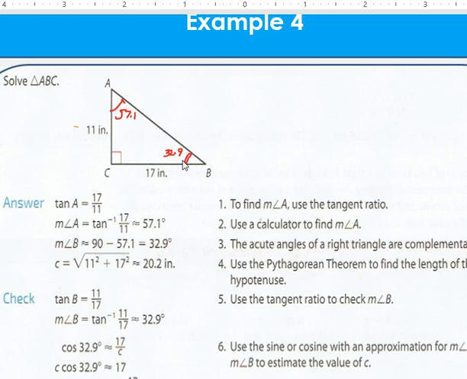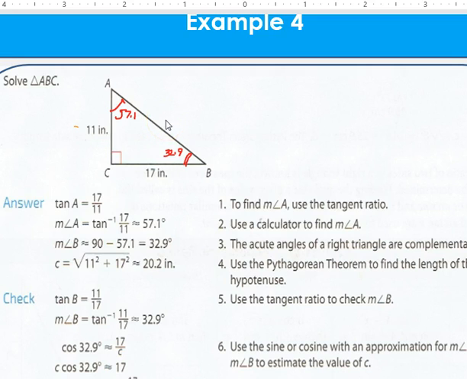It would just be the measure of angle B equals inverse tan of 11 over 17, and that comes out to 32.9. And the last thing we need to solve for is AB.